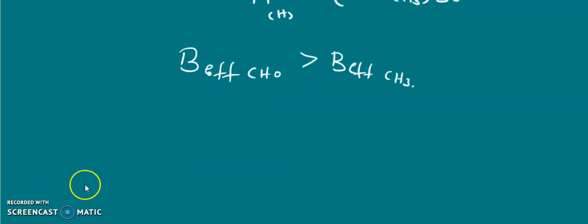So suppose we are fixing the frequency in the NMR experiment and changing the magnetic field. Then the proton in the CHO will go to resonance at a lower magnetic field compared to the proton in the CH3 group.